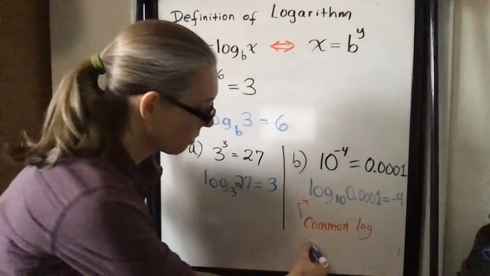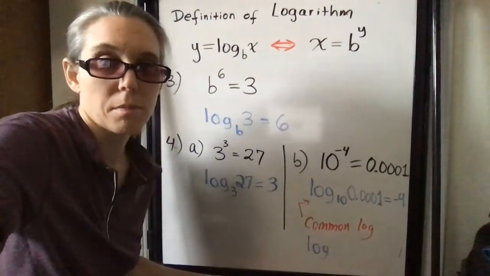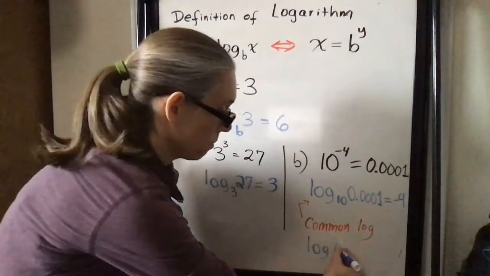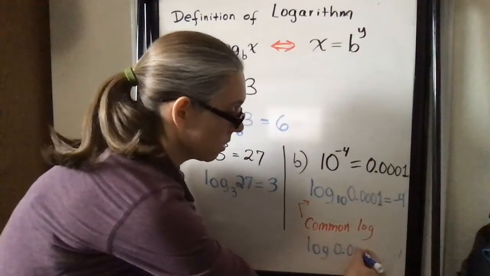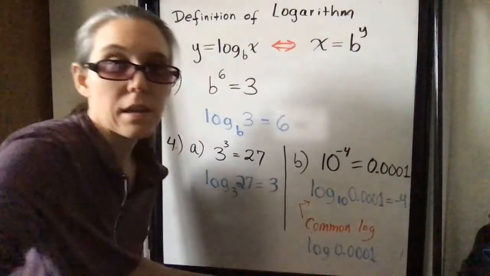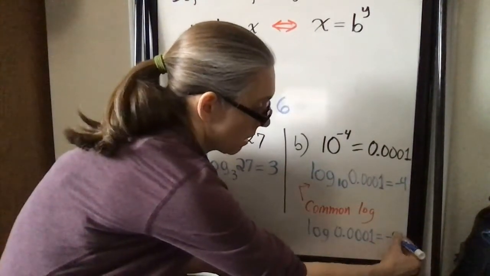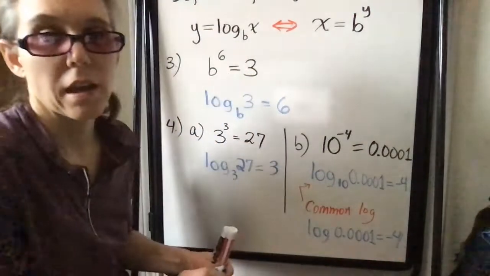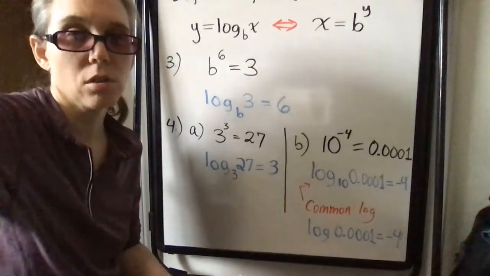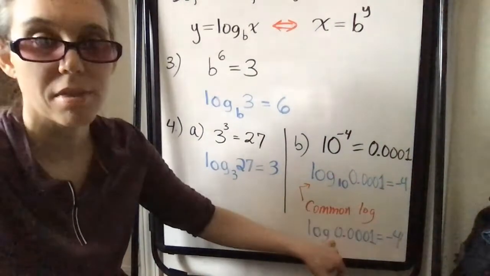So you can rewrite this as log of 0.0001 is equal to negative 4, and whether you include the base 10 here or not, it's the same thing.